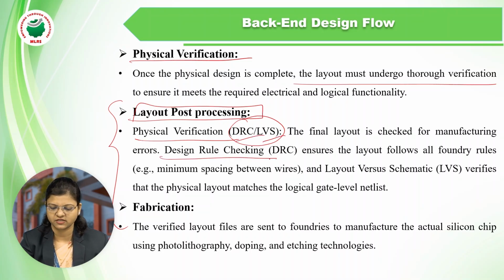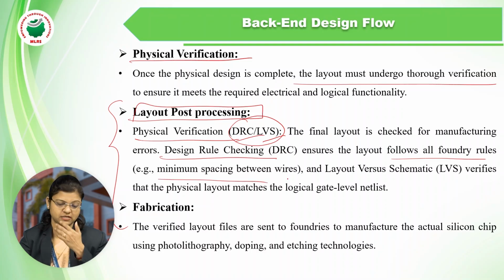DRC is nothing but the design rule check, which follows all the foundry rules. Means whatever the foundry rules are there, whatever the minimum spacing between the wires, whatever the distance between the two metals. So there are different design rules and foundry rules that we have to check.